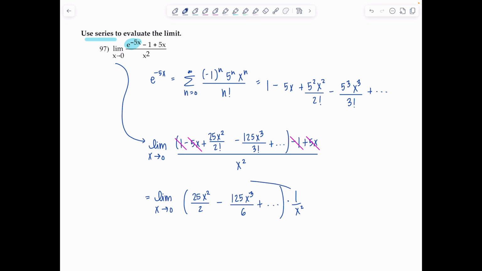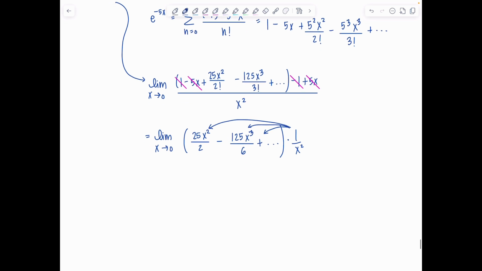And now this 1 over x squared is going to distribute to everybody, to infinitely many terms. And notice it's going to cancel so that the first term is now a constant. I'm just going to have 25 over 2 minus 125x over 6 plus a bunch more stuff, okay?